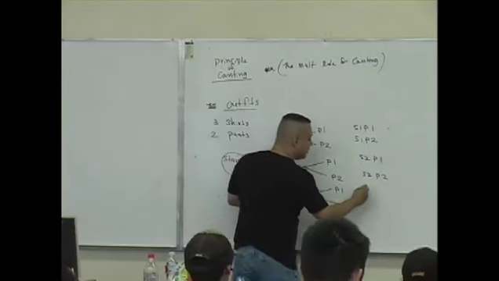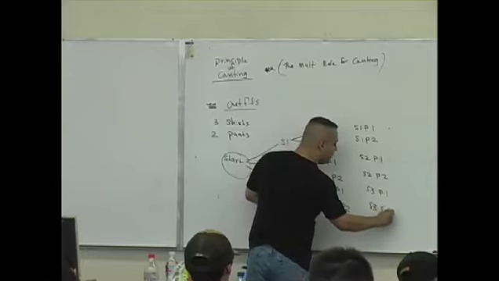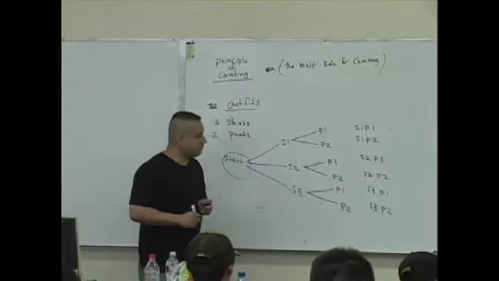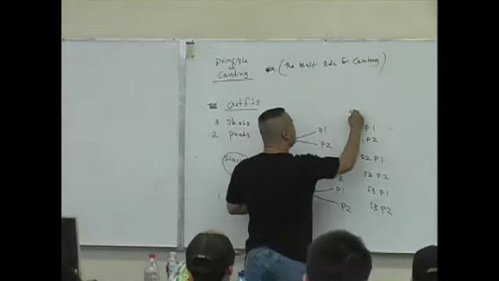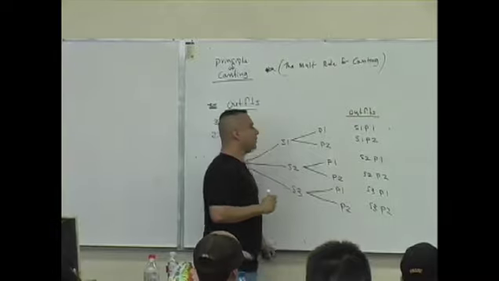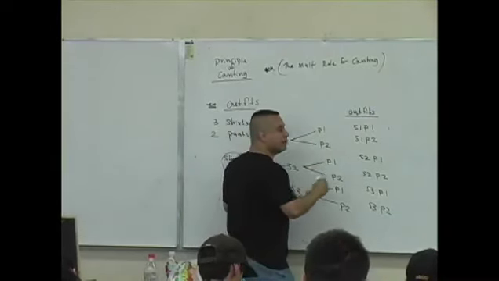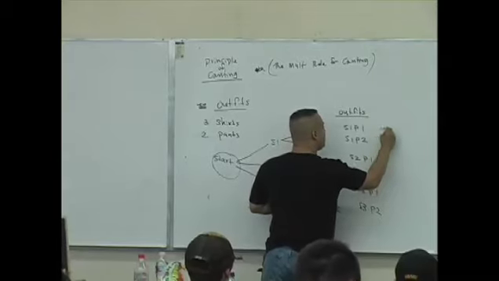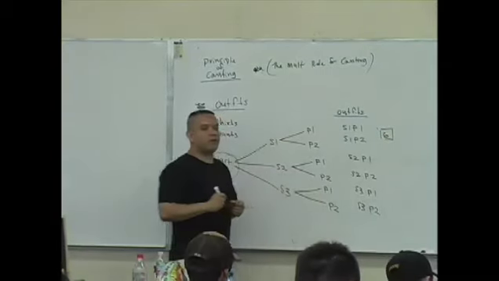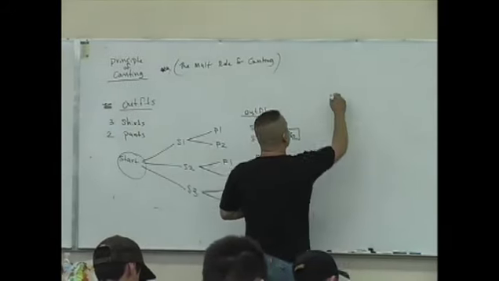The second set here is shirt 2, pant 1, and shirt 2, pant 2. The third set is shirt 3, pant 1, and shirt 3, pant 2. So if I follow all of the branches, I determine how many different outfits are possible. There's 6 outfits. Okay, you guys okay with that?